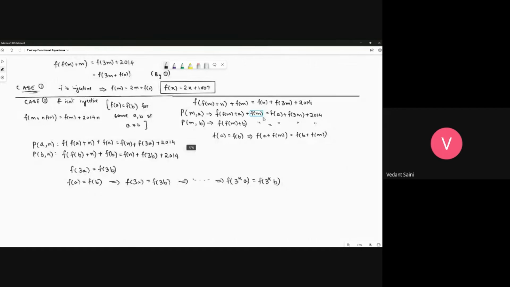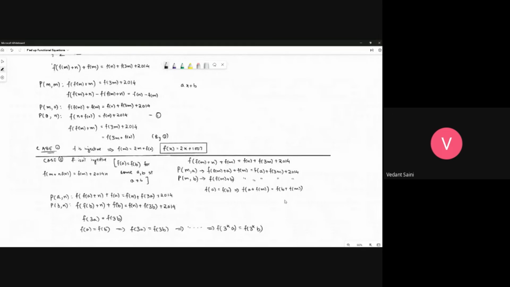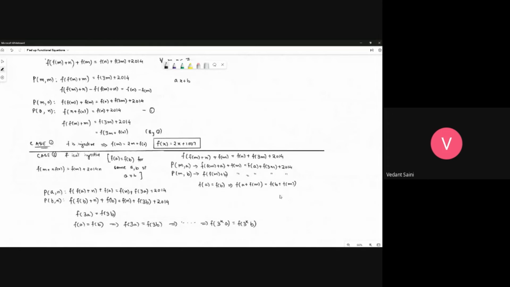Okay, so I wrote another equation, the one marked one.